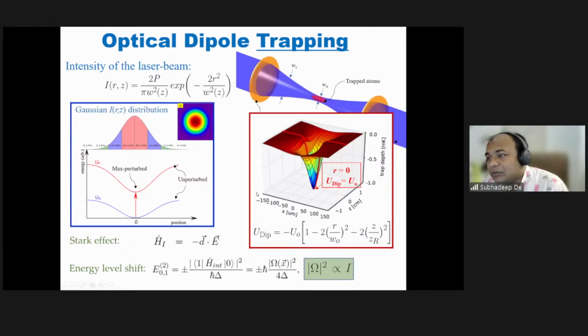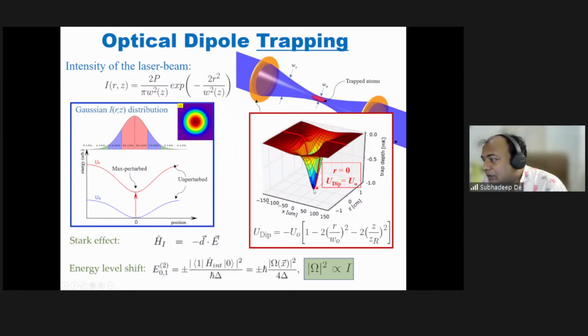That's exactly what you see here. So basically the atom will try to minimize its energy. That means the atom will always try to be here. As it goes away from this point, it will try to minimize its energy and come back there. So it's essentially a confinement.